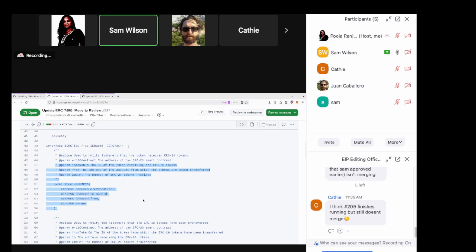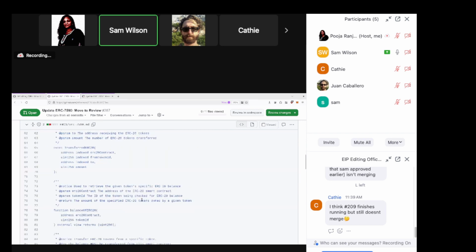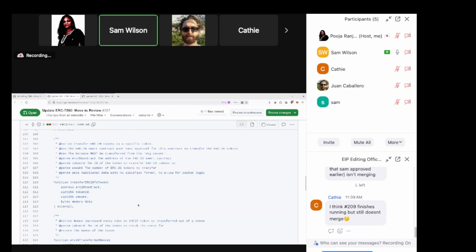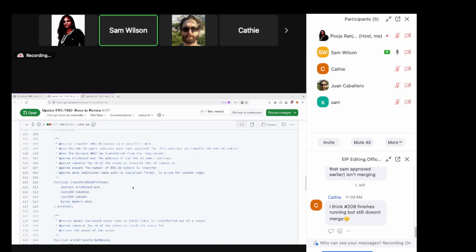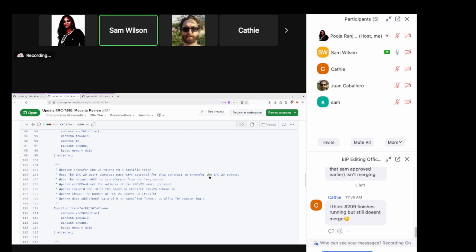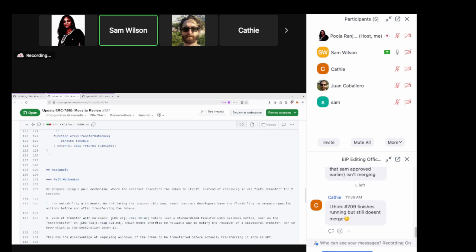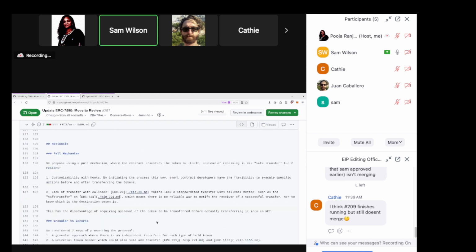That makes sense. Okay. Project transfer instead of receiving it via safe transfer for two reasons. Yep, that makes sense.